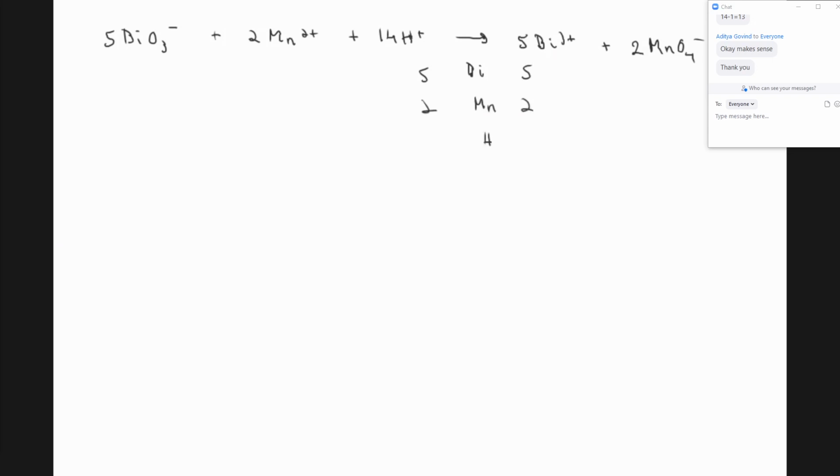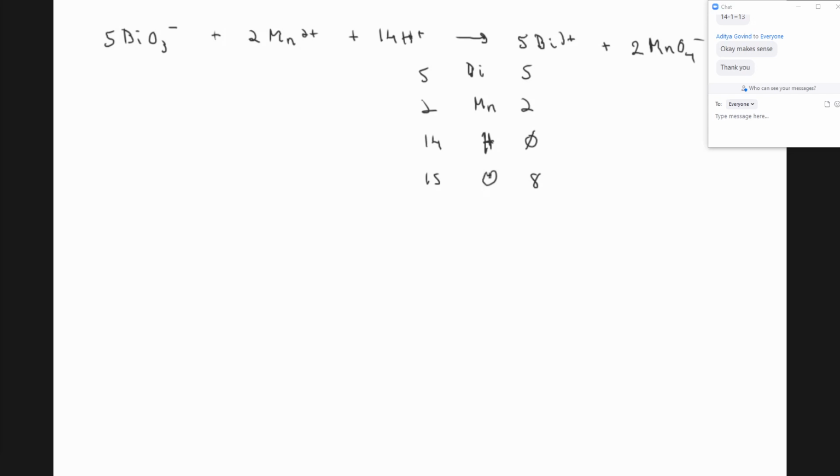Hydrogens, we have 14. This side we have 0. Oxygens, we have 15. And over here, oxygens, we have 8. Right? This is hydrogens. This is oxygen. This is 0. Sorry. Differentiating between the 2. So the last step is what?